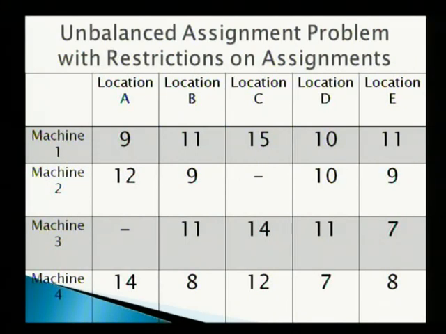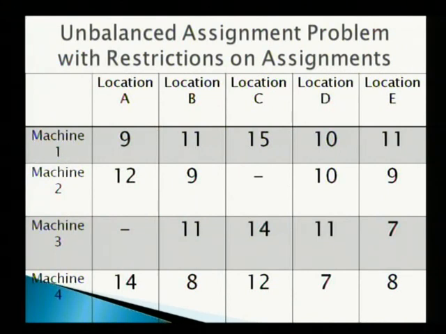Similarly, machine 3 cannot be put on location A. So once again, some physical limitations are there. Not only that, this is an unbalanced assignment problem because there are only 4 machines and 5 locations, so it's a 4 by 5 problem. And secondly, we have some additional restrictions as well. The question is what to do.